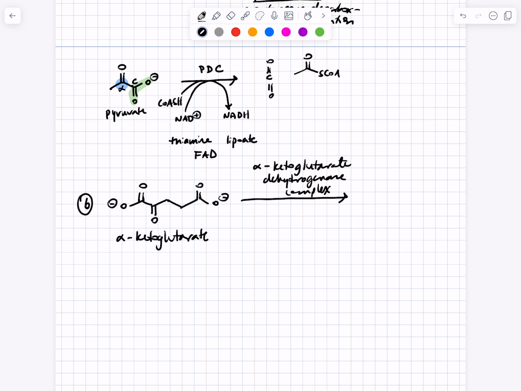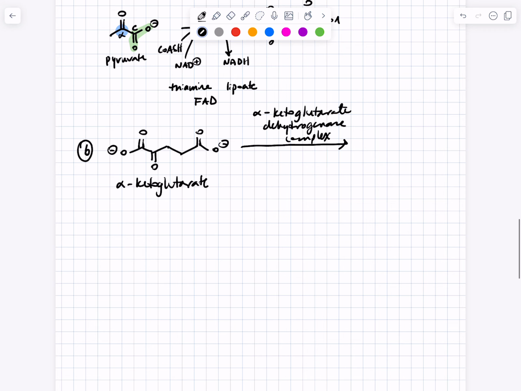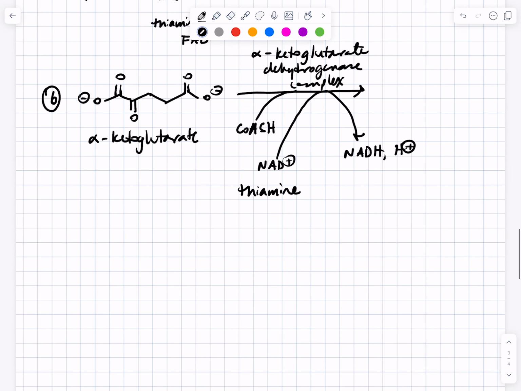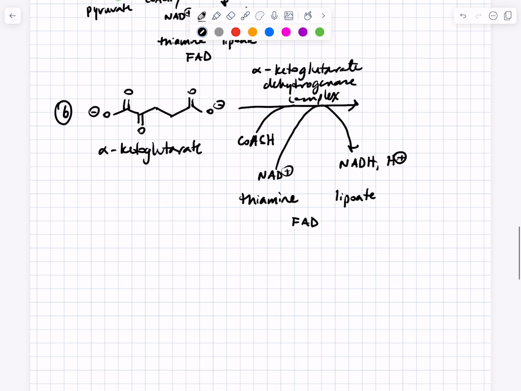The cofactors and the ingredients or reagents, as it were, are going to be exactly the same. You'll need the coenzyme A-thiol. You'll need NAD+, and it will be converted into NADH. You will likewise need thiamine to serve as an electron sink during the decarboxylation step, lipoate to oxidize the intermediate after the decarboxylation to the thioester, and then FAD and NAD+ ultimately to reoxidize the lipoate thiol to the lipoate disulfide.